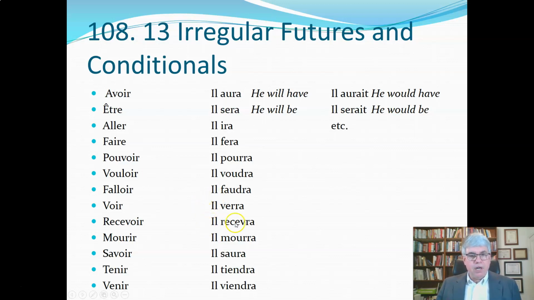Il recevra, he will receive. Mourir is il mourra, he will die. Savoir changes quite a bit. It becomes il saura, he will know. And then tenir and venir have similar conjugations, a similar change in the stem. Il tiendra, he will hold, and il viendra, he will come.